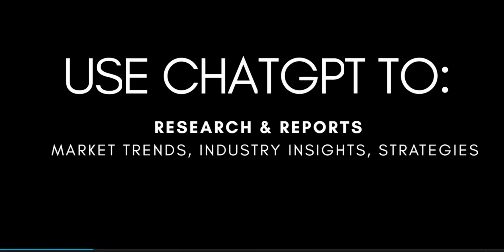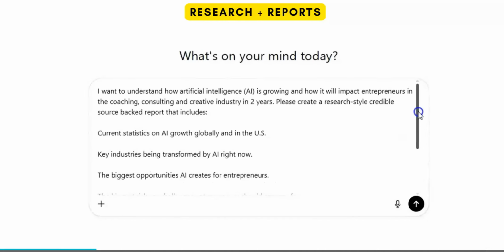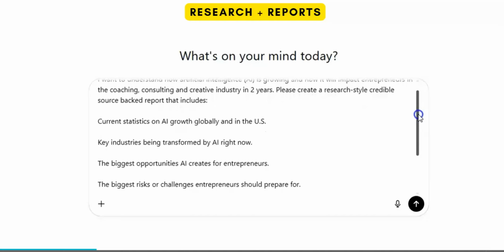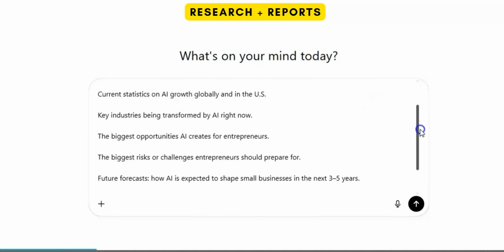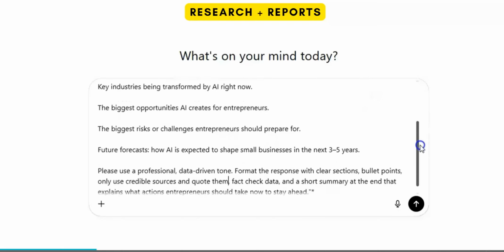For research and reports, especially for market trends, industry insights and strategies, you want to be using these tools. For me, I use it for things like how artificial intelligence is growing and how it can impact entrepreneurs, coaches and consultants. It will give me stats, key industries, the biggest opportunities, future forecasts.